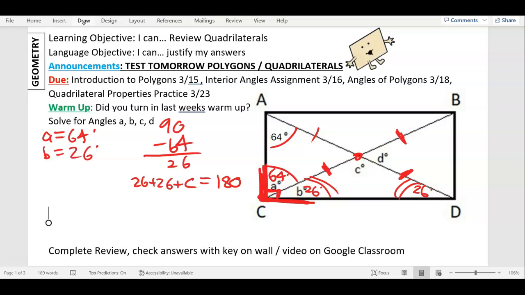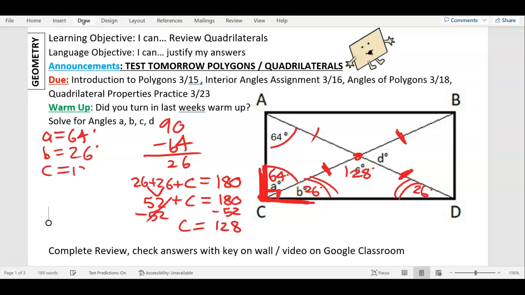So let's solve that. Add up our 26 plus 26, we get 52. And to solve for C, we get rid of that positive 52 by doing the opposite. We're going to subtract 52 from both sides. And we get 128.